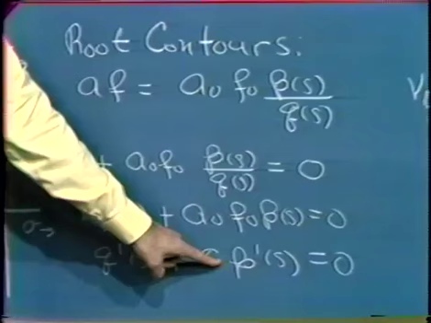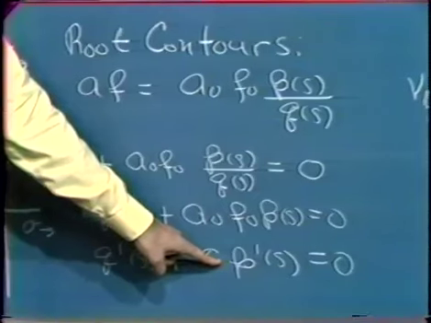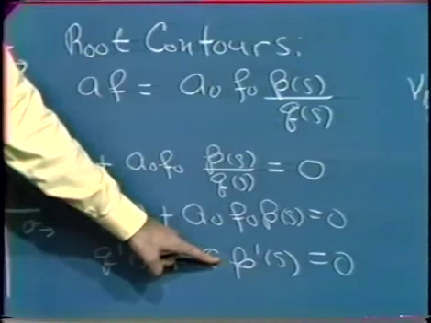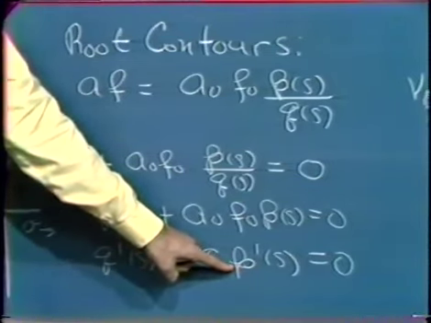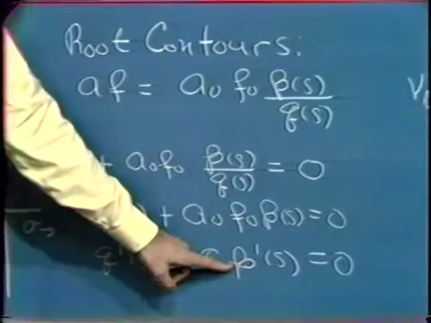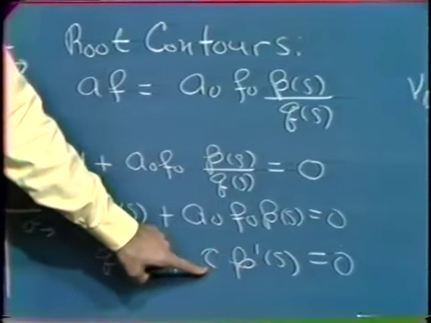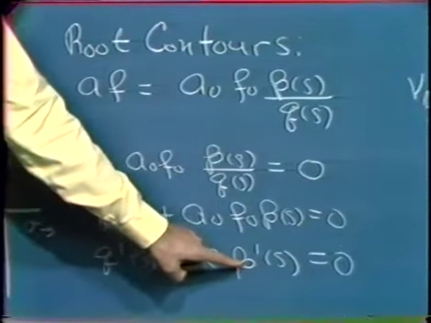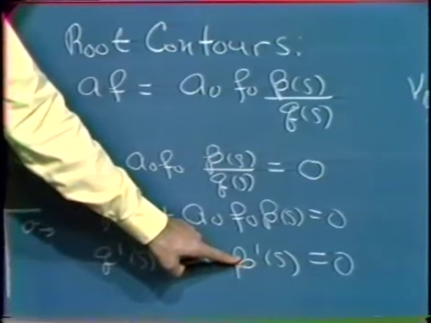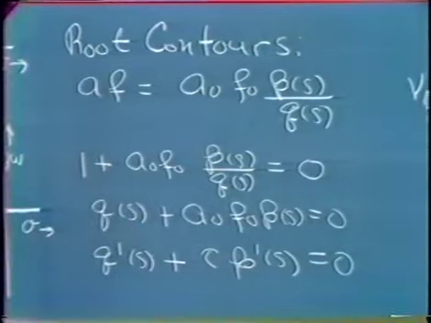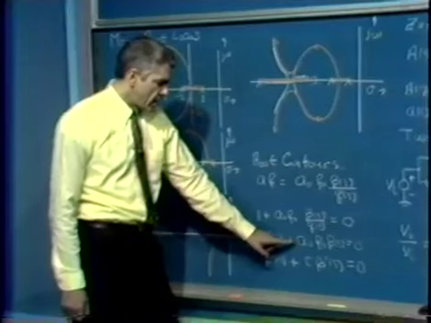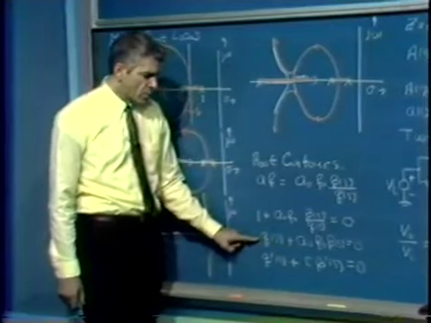Similarly, if the parameter of interest enters the system equations in a linear way, it will multiply, scale, certain of the terms in the characteristic equation. Once again, we'll collect all of those terms, factor out the tau, and call the resultant polynomial that multiplies tau p prime of s. Well, now we have exactly the same form as we used in our root locus diagram.